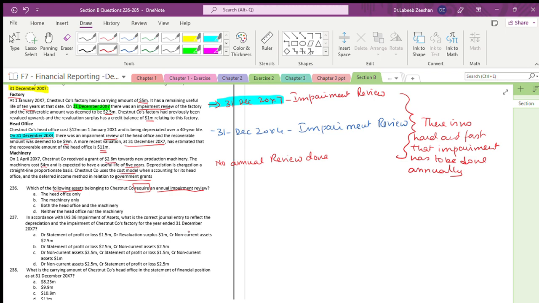Now, what we have done, they have done it for the factory. Fine, that is the need. Here they have not done. Is it right? Impairment has been done with respect to what? With respect to the head office, they have done it in 2004.